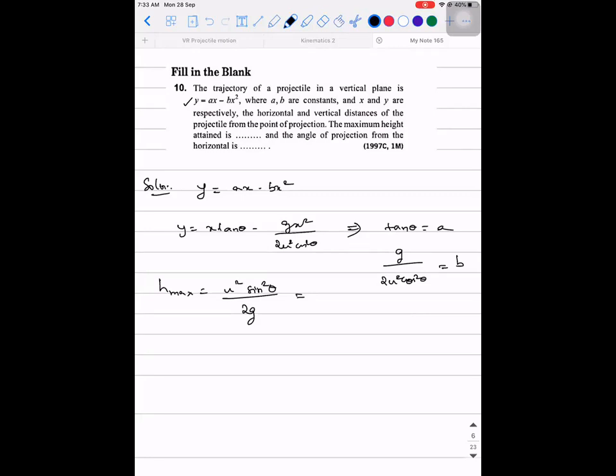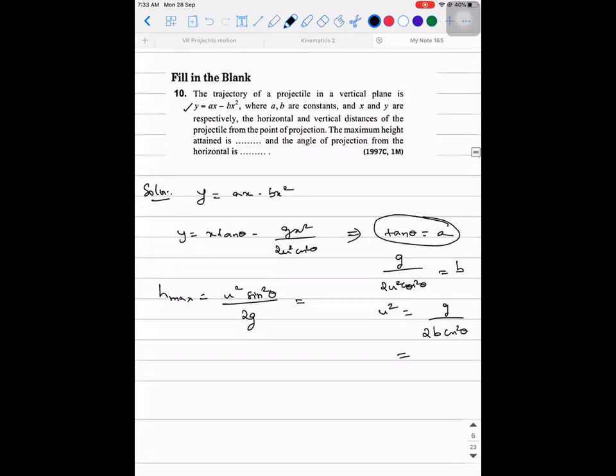How will it be 2 cos square theta? cos square theta will be with u square, no? So u square is how much? g divided by 2b cos square theta. But what is the value of cos square theta? See, tan theta is a, guys.